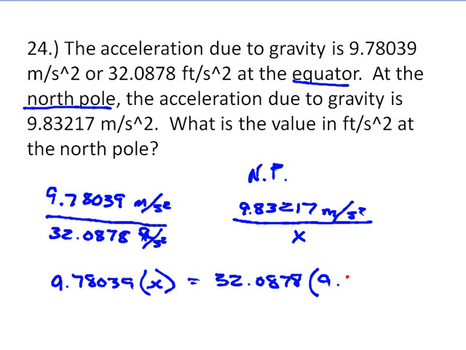It's going to take me longer to write it than it is for you to put it in your calculator. And after all of that, we should end up with x being equal to 32.08.